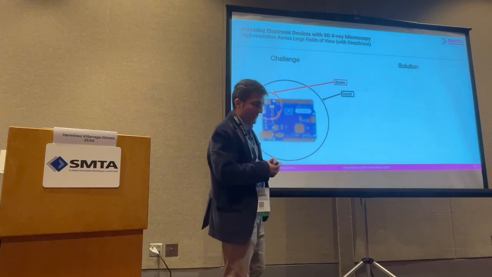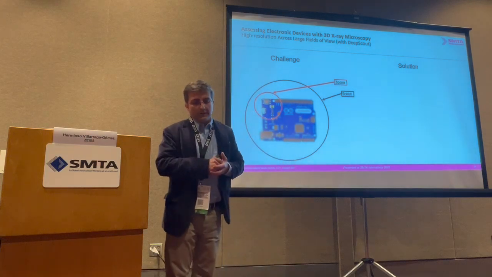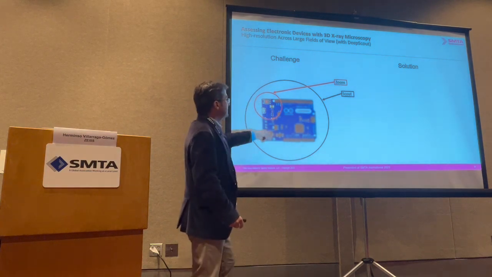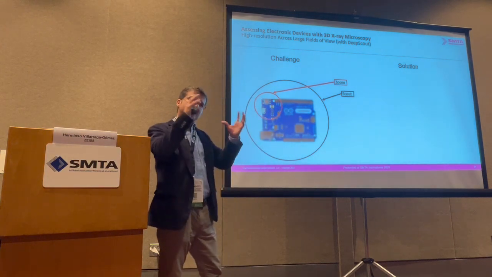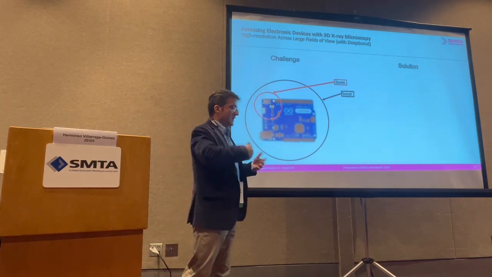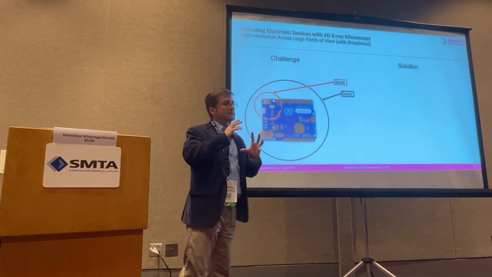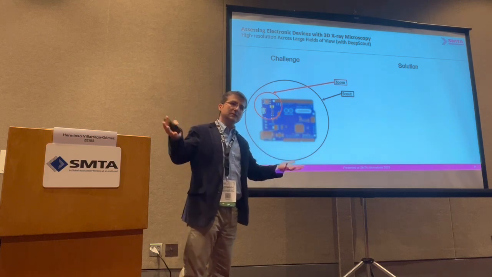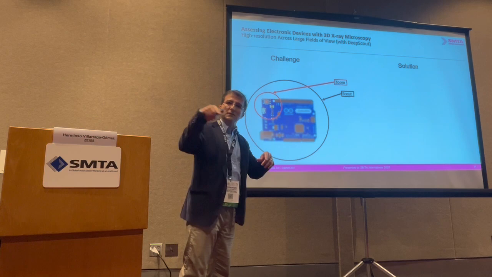There is another challenge with PCBs or circuit boards, and it is that they generally have a large field of view. And if you want to scan at a higher resolution, that's possible, but from the previous slide, you saw that there is a compromise between field of view and resolution. You can get higher resolution, but the field of view starts decreasing.